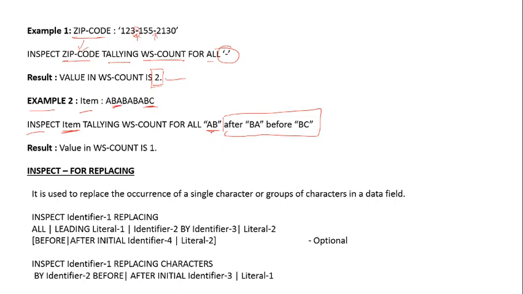And it's saying, within this condition, how many times AB comes. So AB comes only one time, you can see here. So its answer is 1.